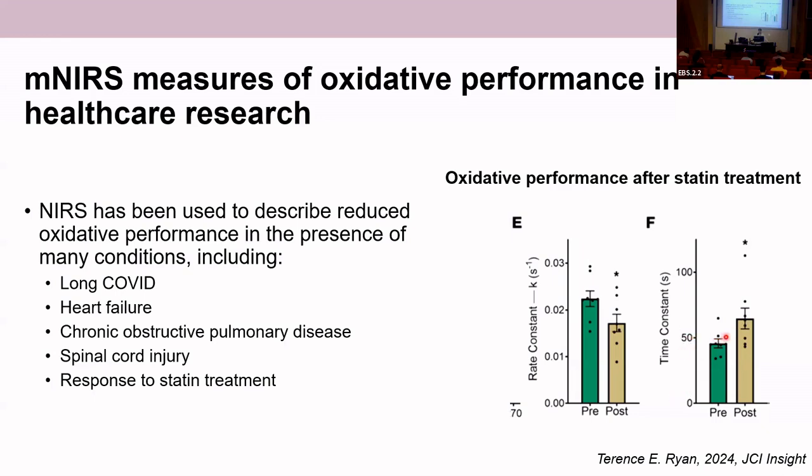And so this group showed in quite a small study, well, it'd be perfectly sized for Kevin, actually, because it was 8 participants. But anyway, they showed that after statin treatment there was a prolonged time constant. So that's impaired oxidative performance.